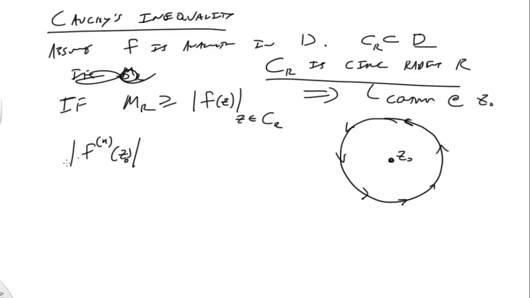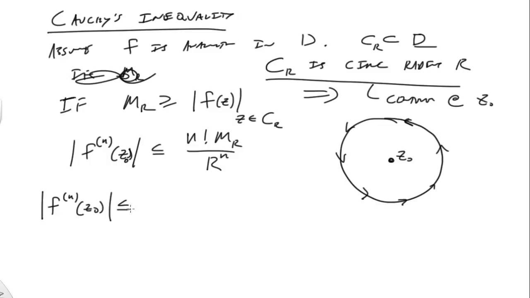So we can now bound the nth derivative evaluated at z naught to be pretty straightforwardly n factorial times MR all over the radius of the circle to the nth power. And this is a pretty straightforward result from Cauchy's integral formula.